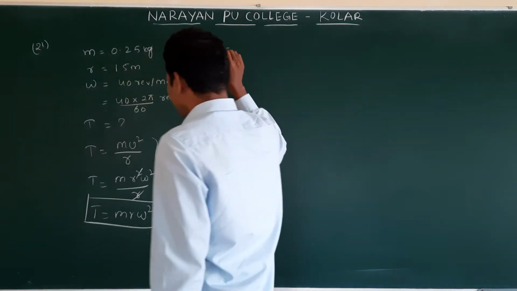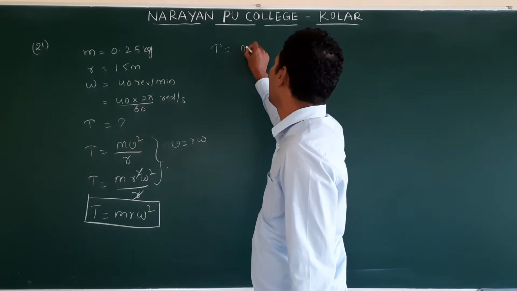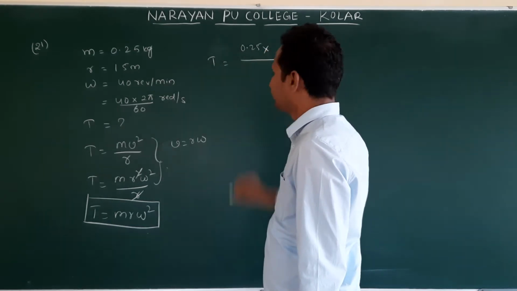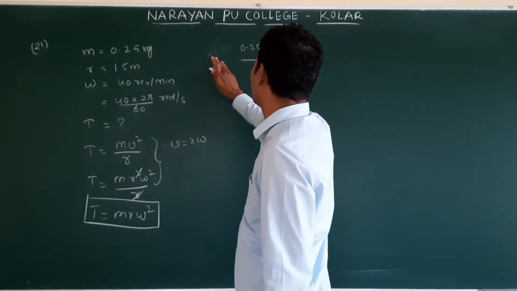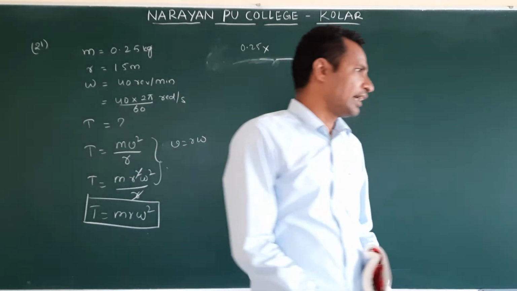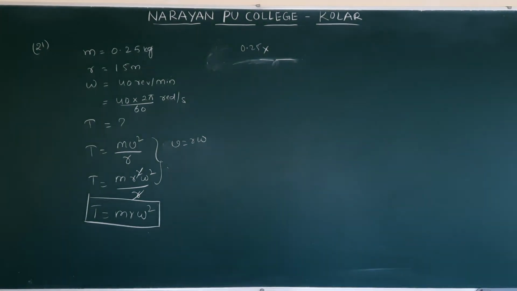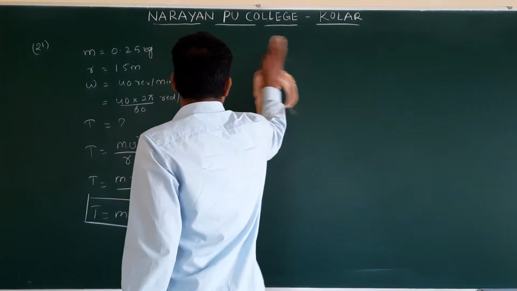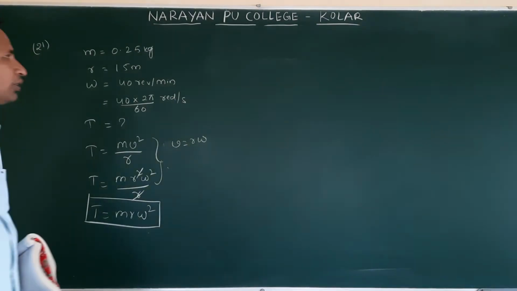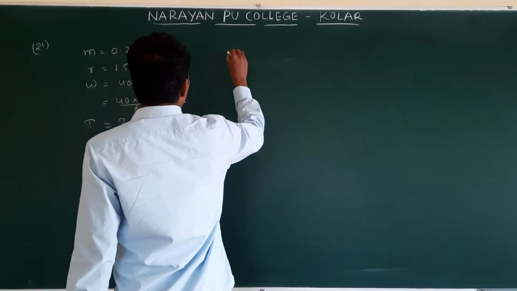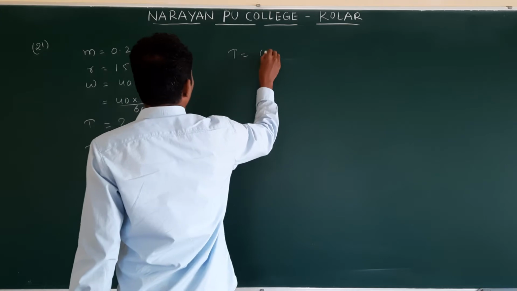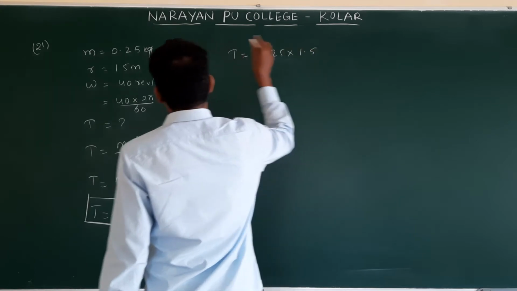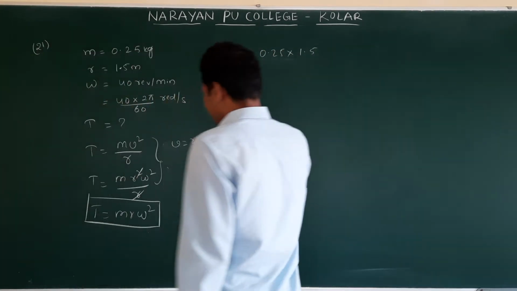T is equal to m, 0.25, into r, 1.5 meter, and omega.